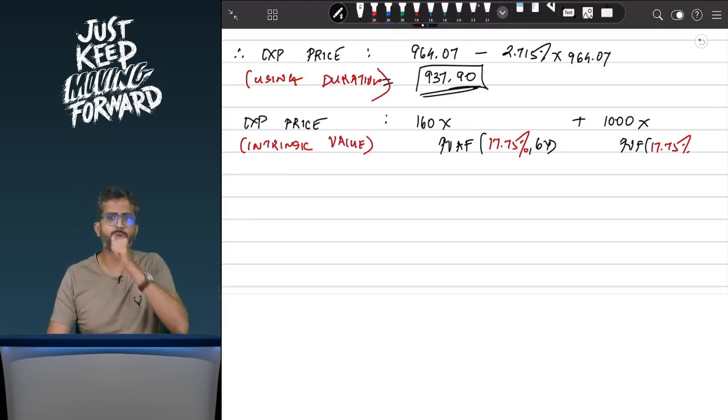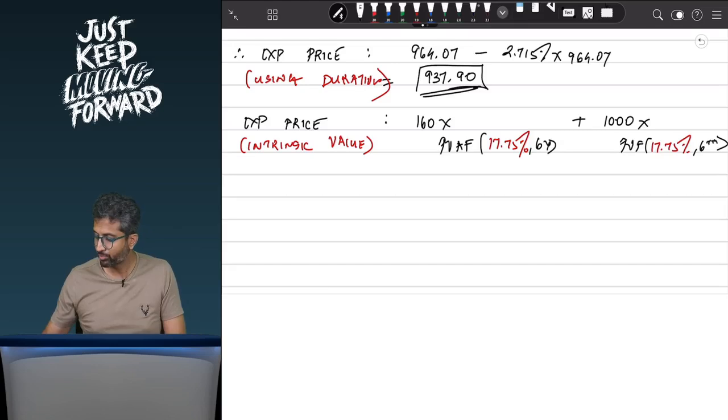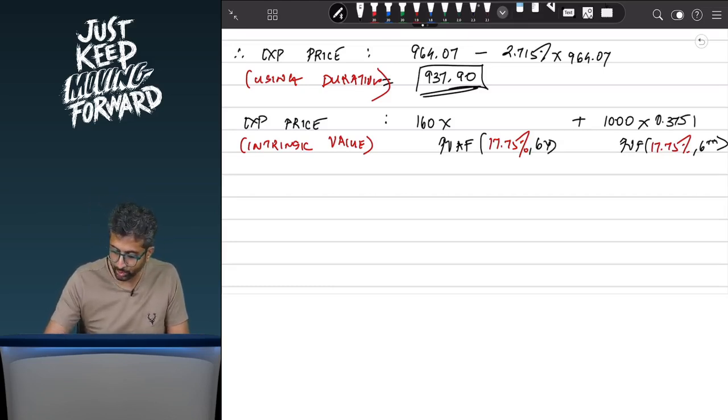Intrinsic value is the present value of future cash flows. Now all else remaining constant, if the interest rate increases from 17 to 17.75%, then what will be the impact? So over here, let us say this is 1 divided by 1.1775, 1, 2, 3, 4, 5, 6. This is 0.3752 and this is 3.5201.